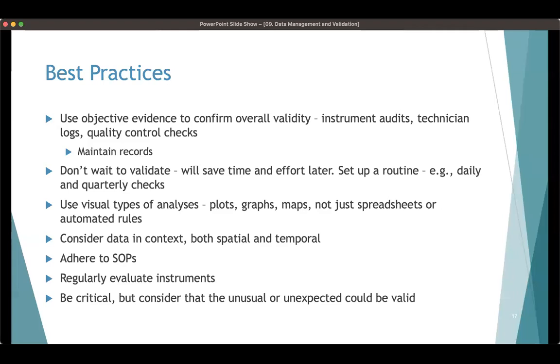Be critical but consider that the unusual or unexpected could be valid. ගොඩක් වෙලාවට එන unexpected situations දැනගෙන precaution එකක් විදිහට recover වෙන විදි බලන්න ඕනේ.